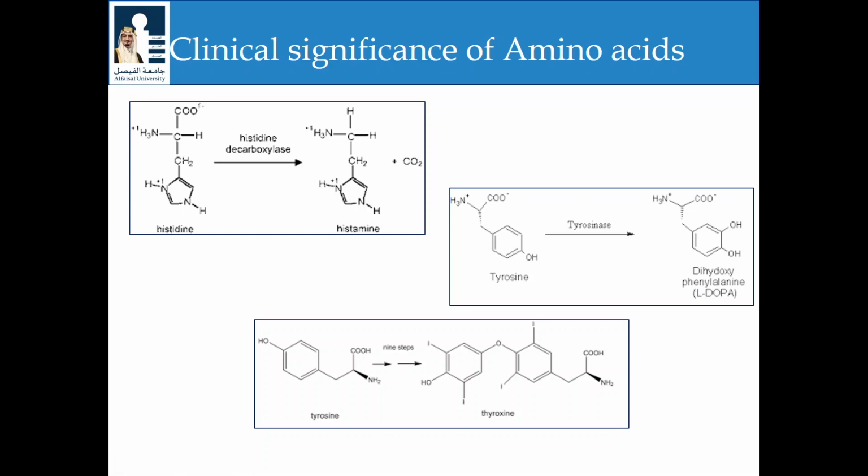If you add another OH, you will end up with L-DOPA, which is a medicine that is used to treat patients with Alzheimer's. So not only are amino acids needed to make the proteins in our body, but certain amino acids can have many clinical significances. Some of them are used to make hormones, some make molecules that trigger allergic reactions, and some make neurotransmitters or chemicals that affect our mood.